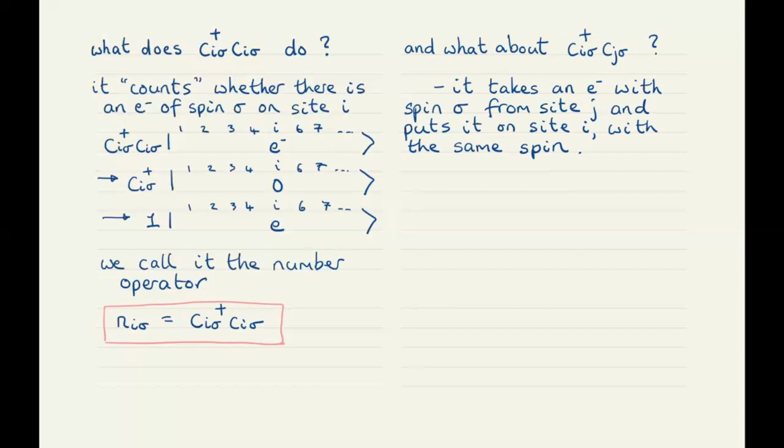We have this new notation that actually gives us a nice way for writing down the linear combination of atomic orbitals Hamiltonian that we reviewed in the very first lecture in this series.